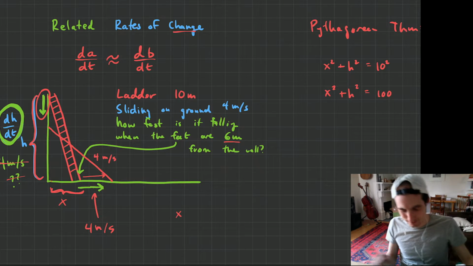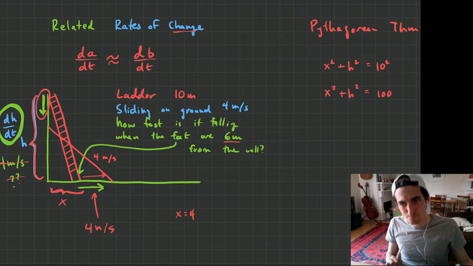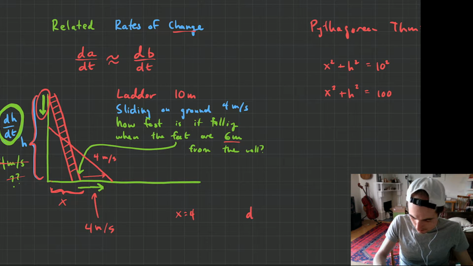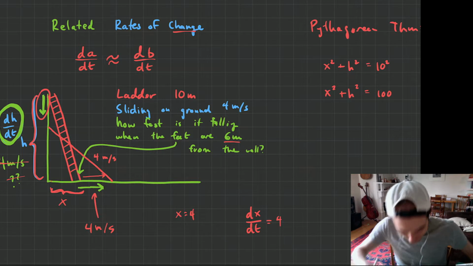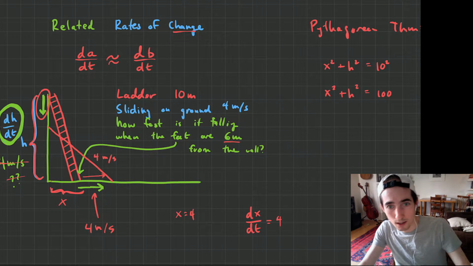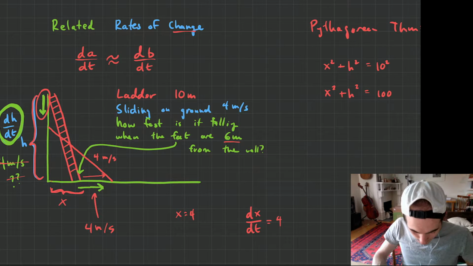Is it x? Is x equal to 4? No. What is dx by dt? That's what's equal to 4. Exactly. Perfect.